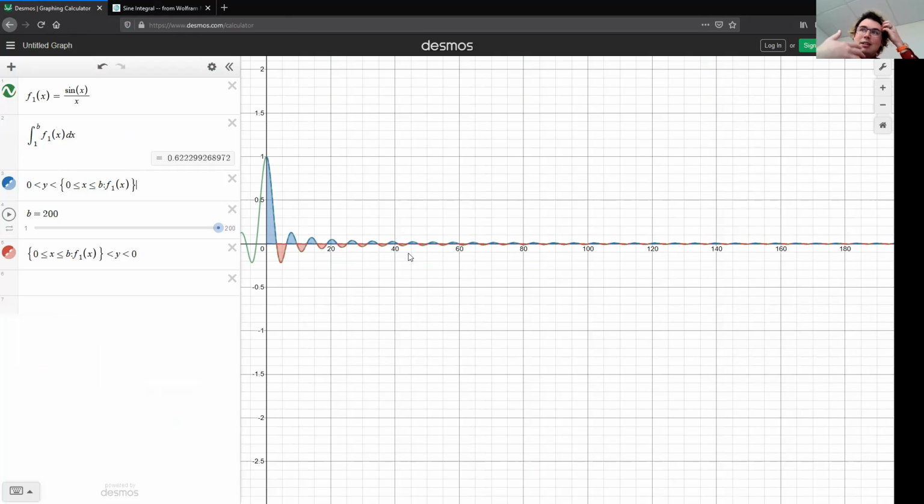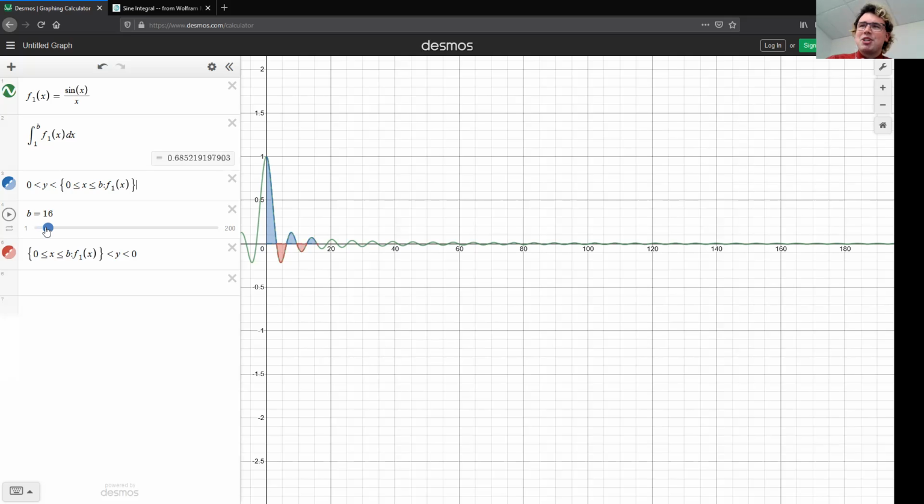So think back to limits. We know that limits will exist because the further I go out, my value for this integral is settling down. As I paint more of the x-axis, I have a blue area which adds a bit. I have a red area which subtracts. I have a blue area which adds a little bit less. And then I have a red area which subtracts even a little bit less than that.